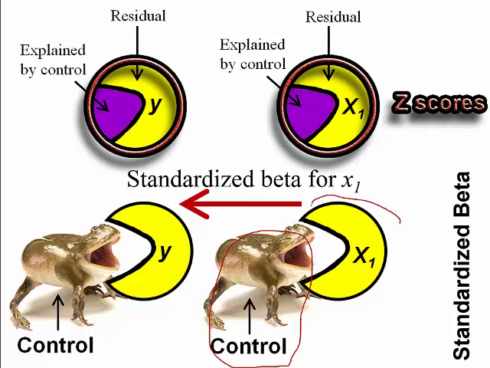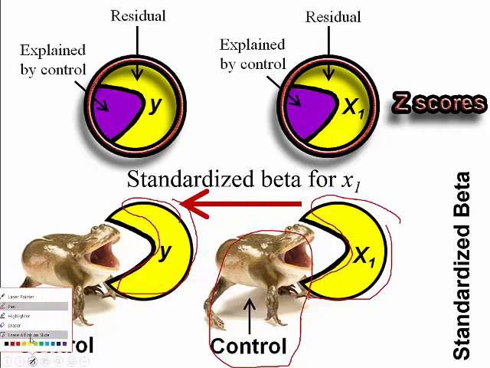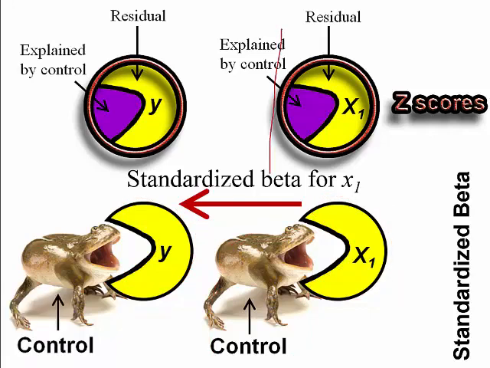And then I have this leftover, the residual of x1 after the control variable is extracted out. That's the uniqueness of x1. And I have the uniqueness of y, everything that's extracted out of y after controlling for the control variable. Now note that in this example I started off where I turned everything to z-scores, and then I extracted out the uniqueness of x1. And I have everybody's new score on x1 with the control variable extracted out.